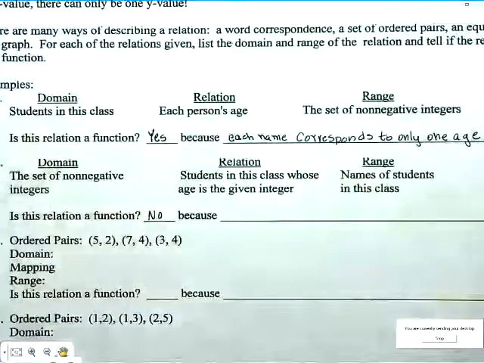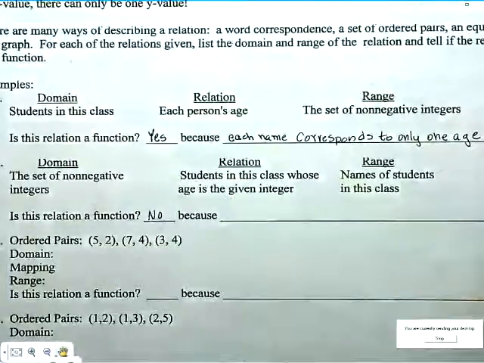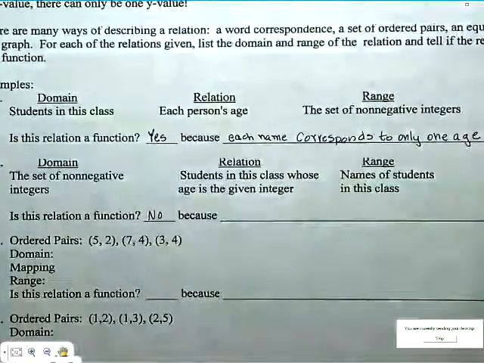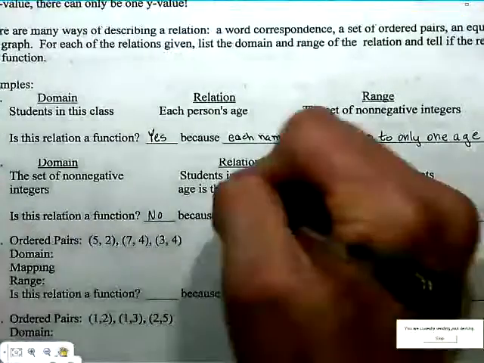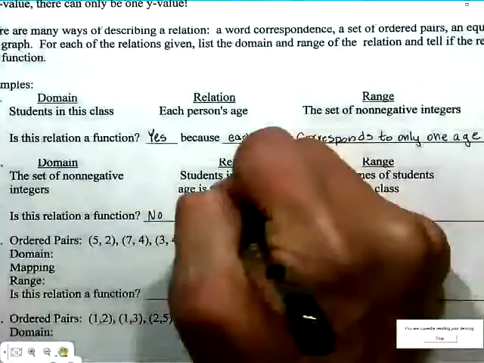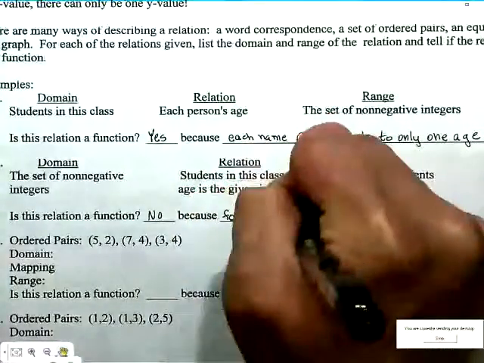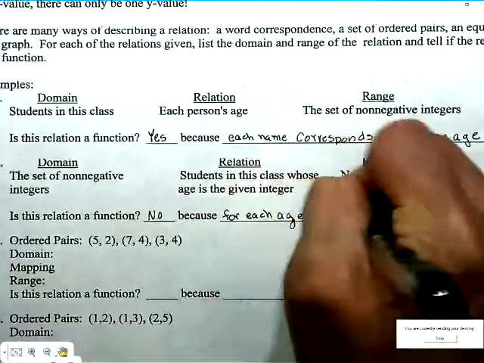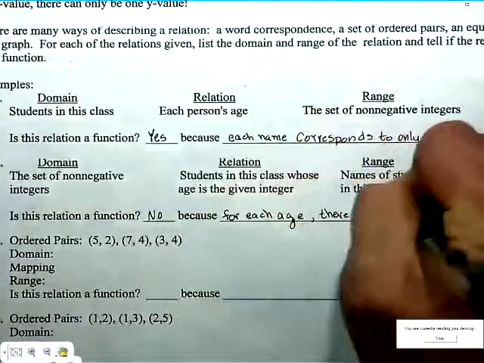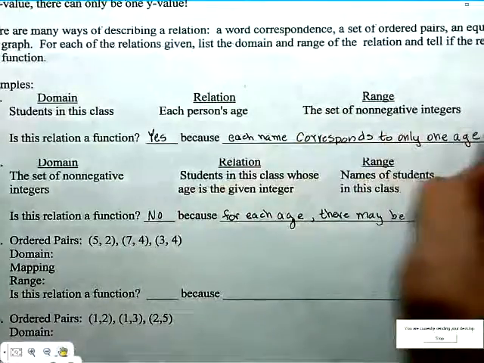Because for each X, which is an age, there is more than one Y, which is a person. So I'd say no, because for each age, there may be more than one person.